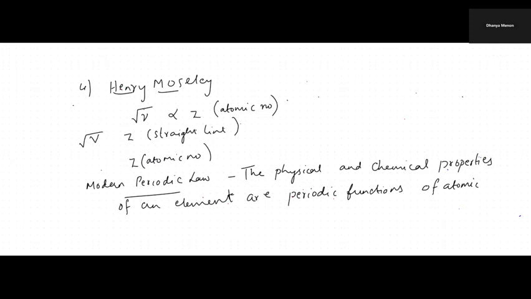So for every element, the atomic number determines the properties.